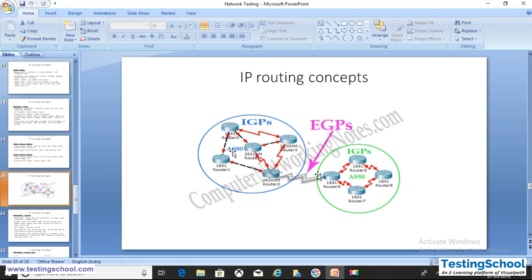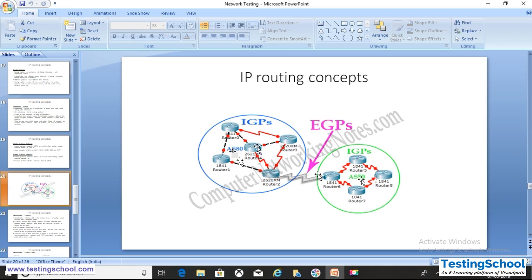Similarly, in the green autonomous system, AS 50, routers 5, 6, 7 and 8, when they want to share information, will use this interior gateway protocol.